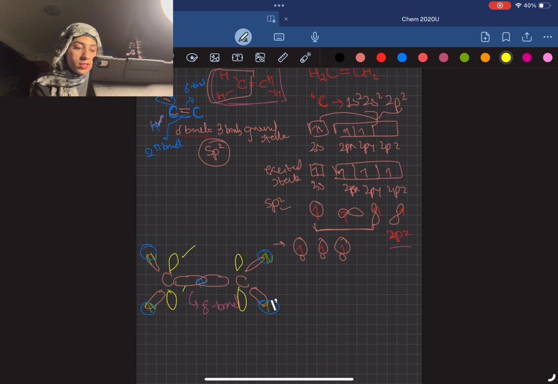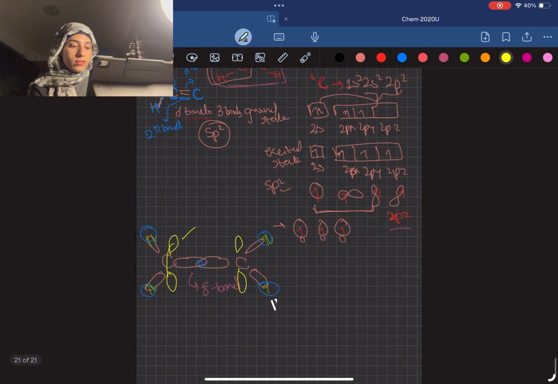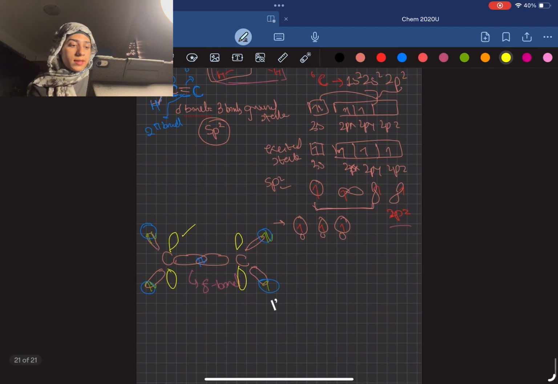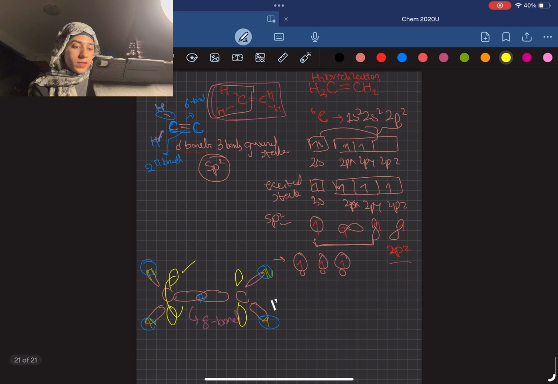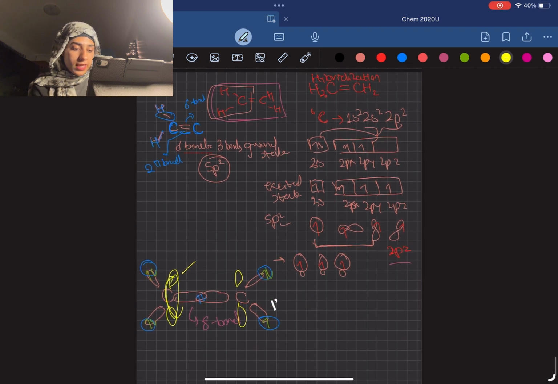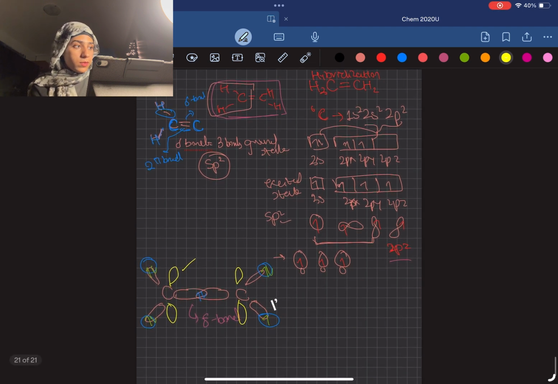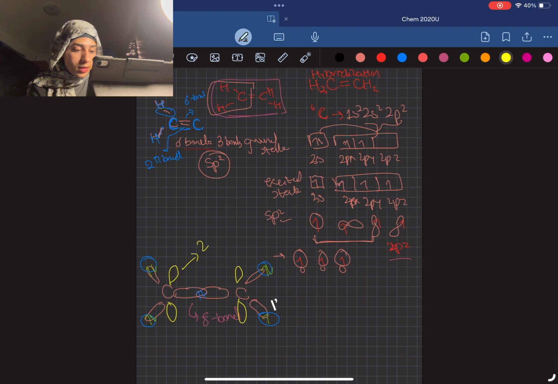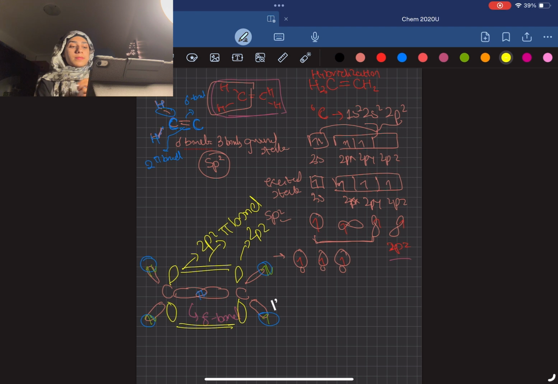Remember, these are not two things. This is sort of together, but I'm just drawing it like that. This is just together as one. So this would be my 2pz, but this other carbon is also going to have a 2pz orbital. Now this is going to make a bond in a parallel version. So this is called our pi bond, and that is it.